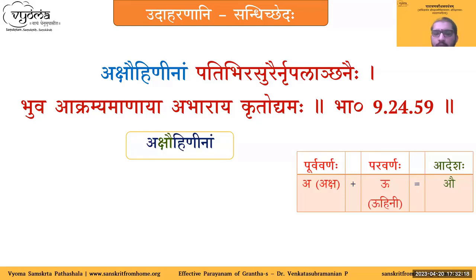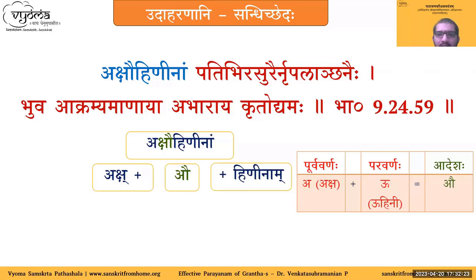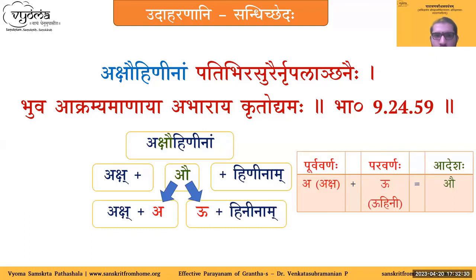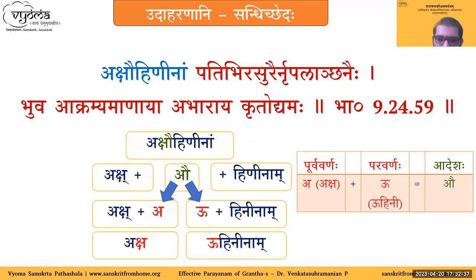If we split it, Aksha, Uhininam. In Aksha, the left hand side is Akara, the right hand side is Ukara, so we get Aksha Uhininam. If we join, it becomes Akshauhininam. This is an example for the second rule we mentioned.